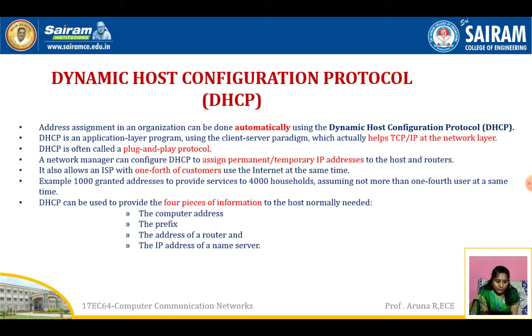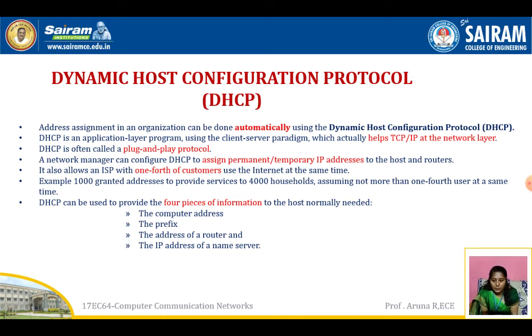That is, if 1000 addresses have been given to you, 4000 people can be using them. That is how we use one ID for the Wi-Fi. Inside the Wi-Fi there are many users with user IDs and passwords. So using one ID, many customers can use the internet.